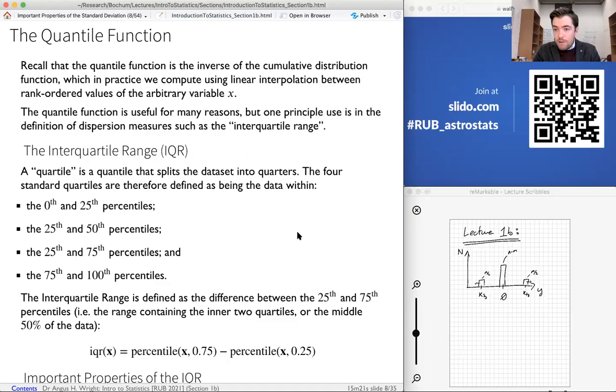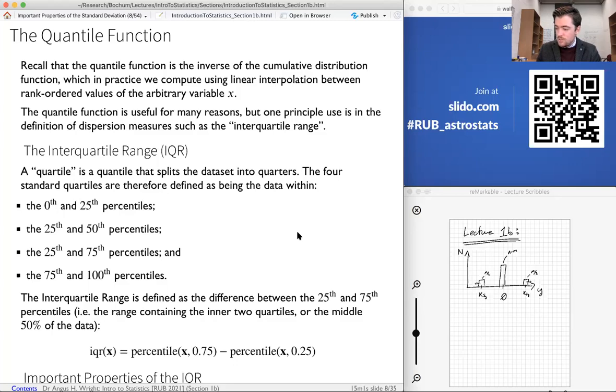And we said that the quantile function is the inverse of the cumulative distribution function. Then we went through a little bit of a discussion about how, actually, we can't invert the empirical cumulative distribution function, because you'll remember that it's an empirical function, which is a step function.